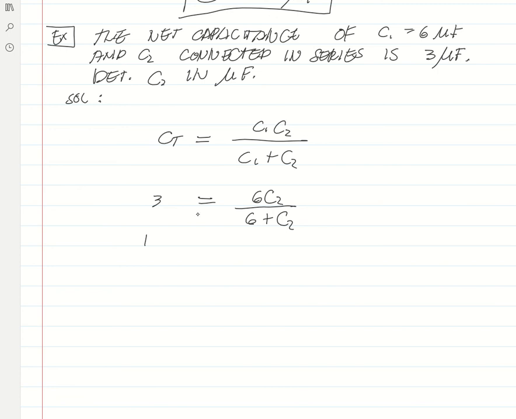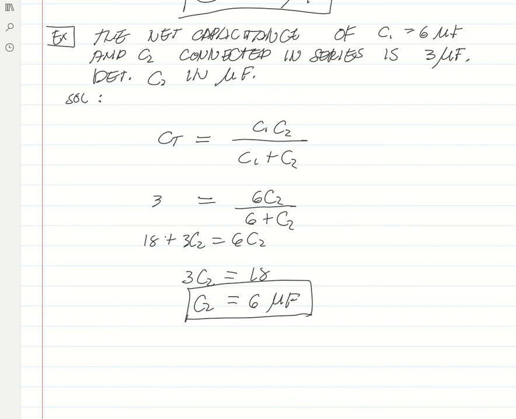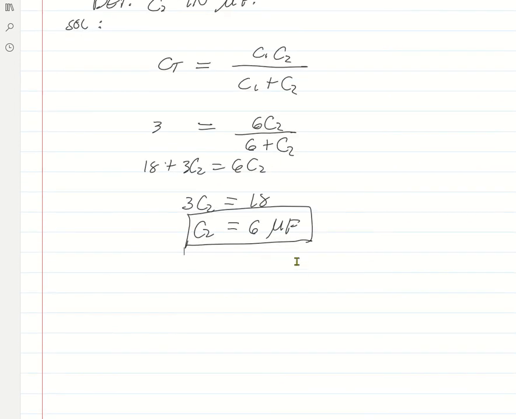So this will be 18, 6 times 3, plus 3C2 equals 6C2. Then we put this on the other side, so 6 minus 3 is 3. C2 equals 18. Therefore, C2 will be equal to 18 divided by 3, and that is 6. And the unit here will be in terms of micro. So the capacitance of the second capacitor, if the net capacitance is 3 microfarad, is then 6 microfarad.